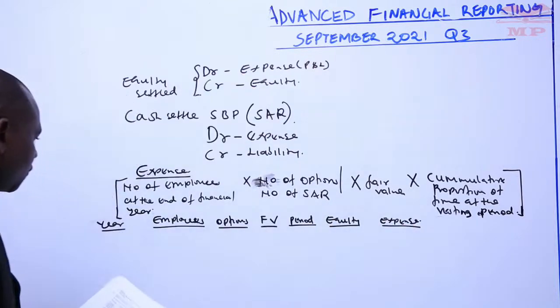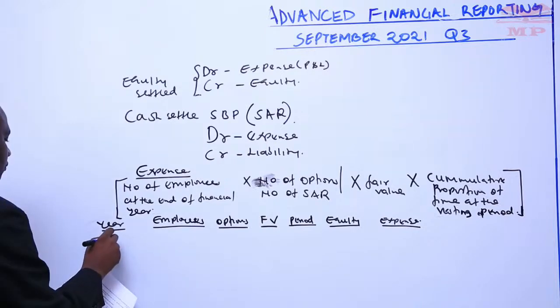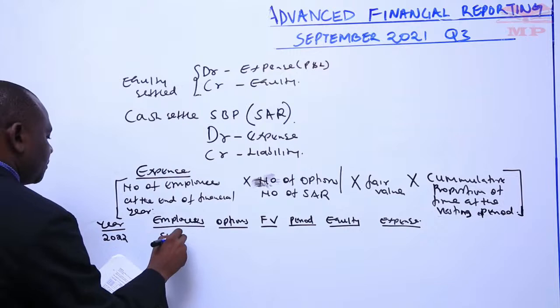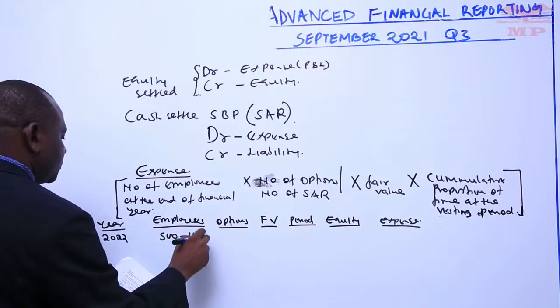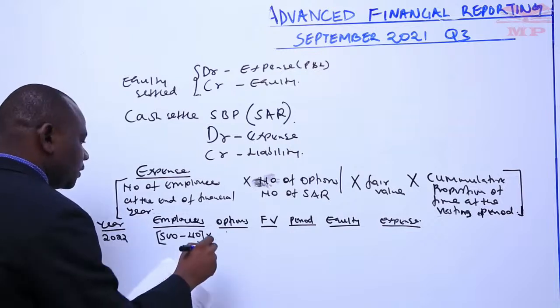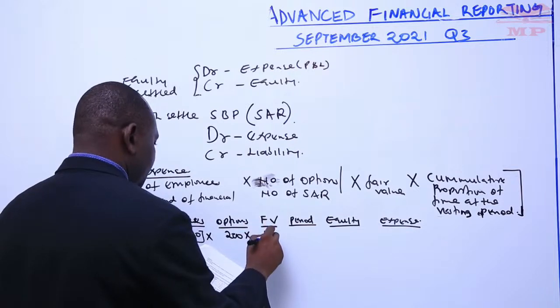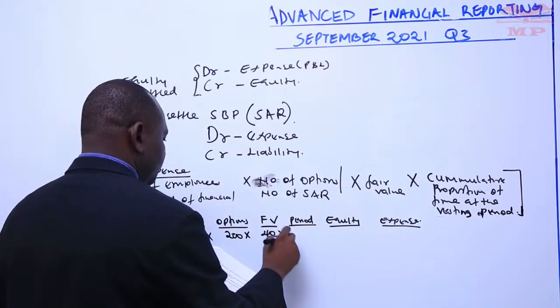For period 1, which is 2022, we are going to have 500 minus 40, times number of options which is 200, times fair value which is 40, period is 1/4.